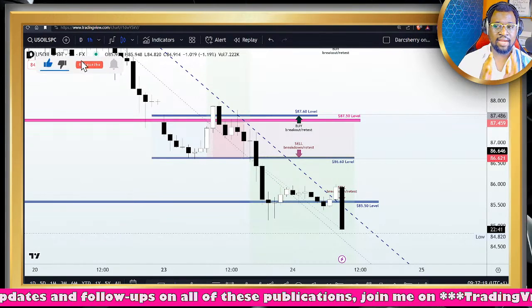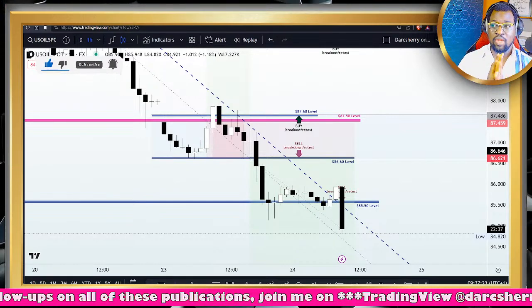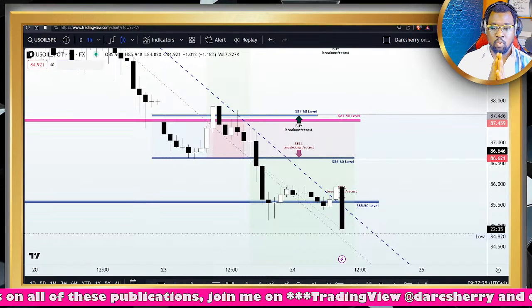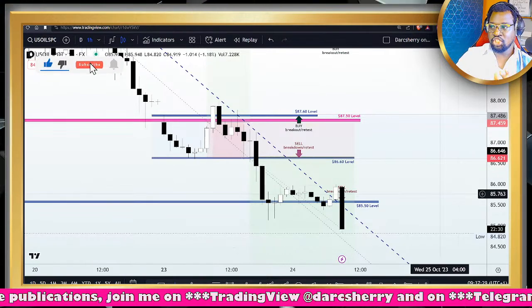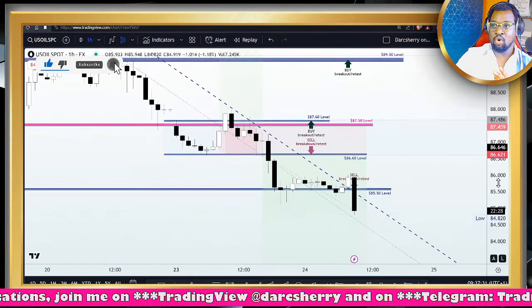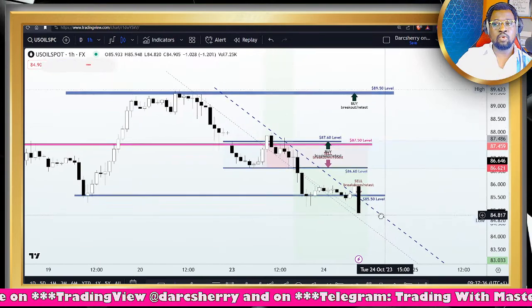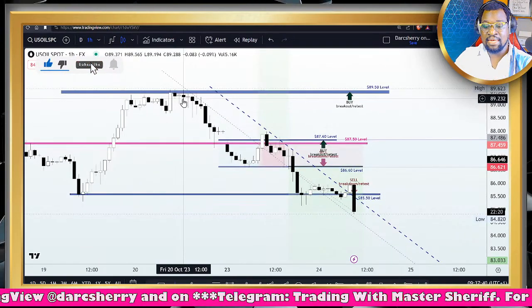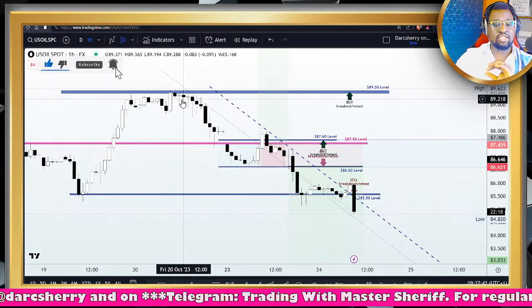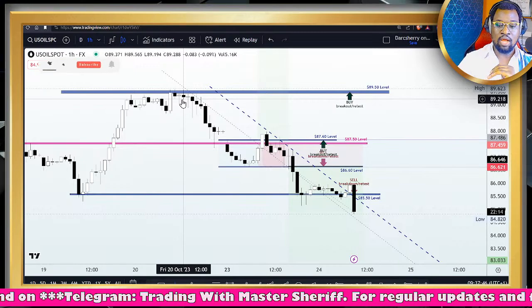Now, to help guide our trading decisions for today, we have a structure, a parameter we are going to be using. So let me share with you what we are going to be using to guide our moves for today. If you look at what has been going on in this market since last week Friday, you will see that price action had consistently found lower highs and lower lows.